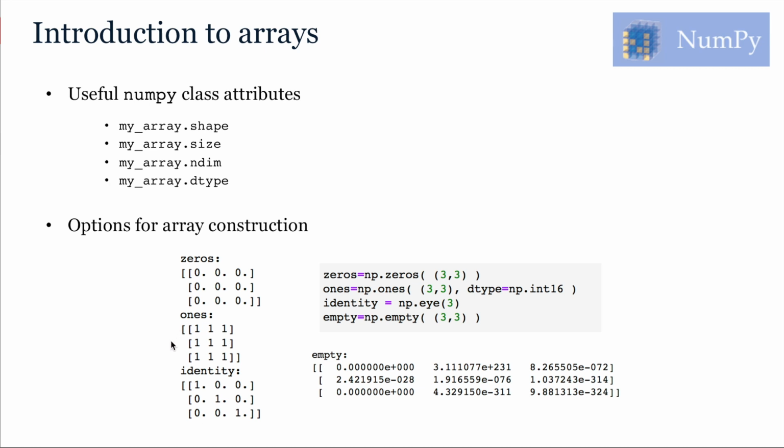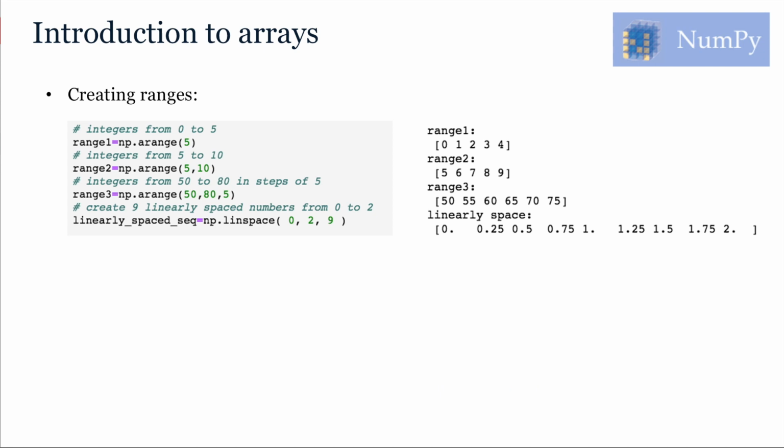So this will ensure that we have an integer type for our matrix. We can also create an identity matrix, which of course has just got ones on the diagonal, or create an empty matrix. In this case the entries are uninitialized, so this ends up with them being very, very small but not quite 0. Please note that all of these matrices are being created with shape 3 by 3, where the shape is being passed as a single argument as a tuple.